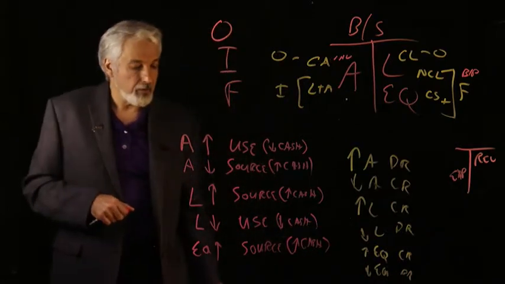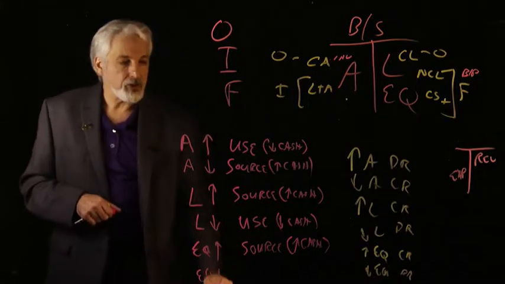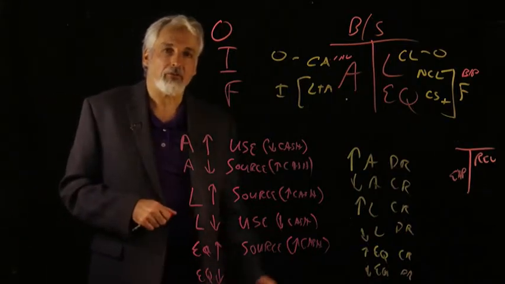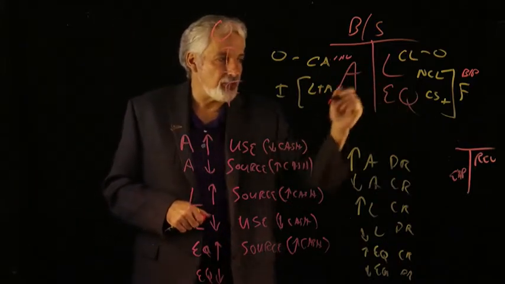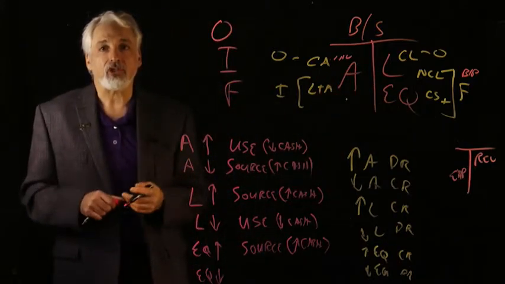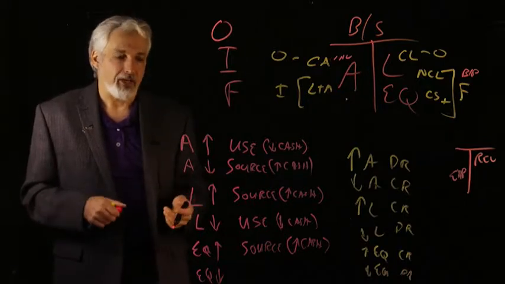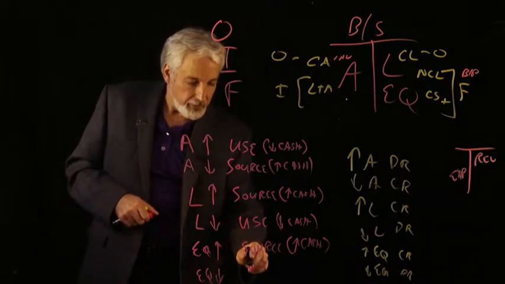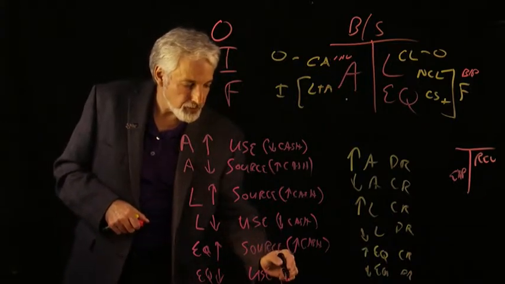Okay. And a decrease in equity. Treasury stock. We go buy some treasury stock. We decrease equity. Sure enough, we had to use cash to buy it. Credit the cash and debit the treasury stock. That's why treasury stock shows up negative in the equity section of most balance sheets, because we had to buy it. Use of cash. Cash is down.